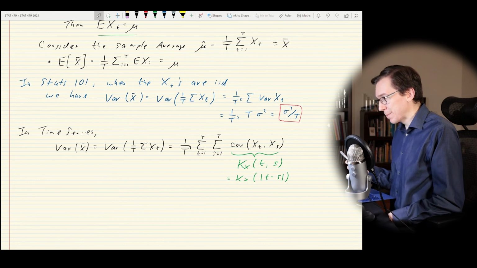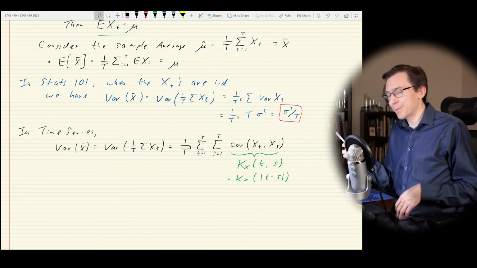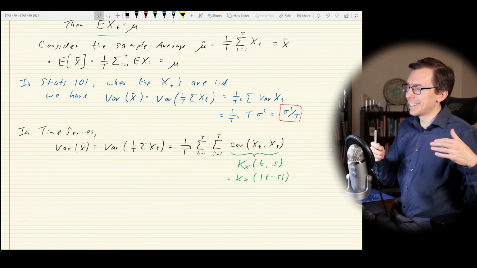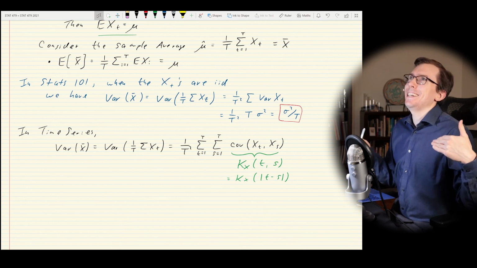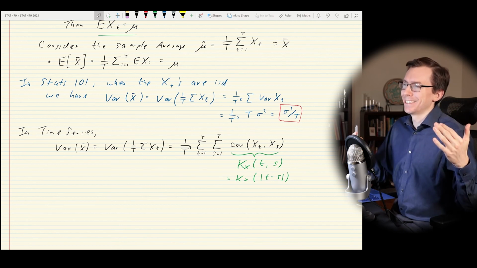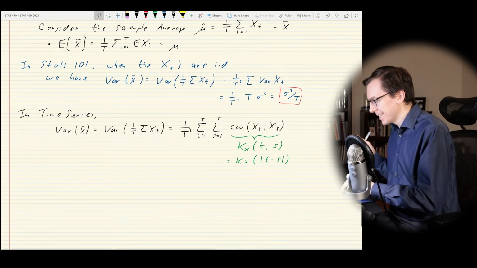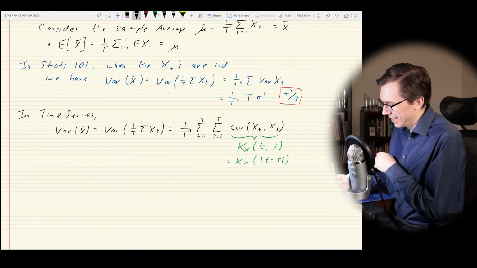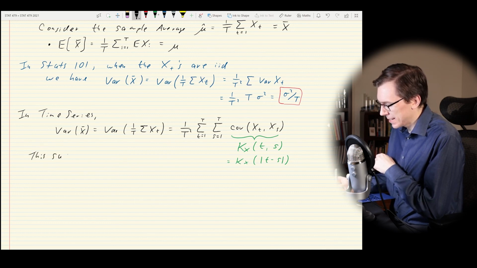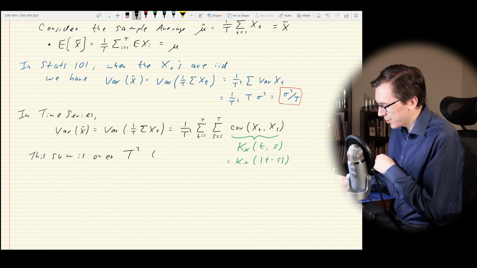All right, so now we're making some progress, because what we can do now is sum this in a triangular, diagonal sense. Okay, so what in the world am I talking about? Well, what I mean is that this sum is over T squared terms.